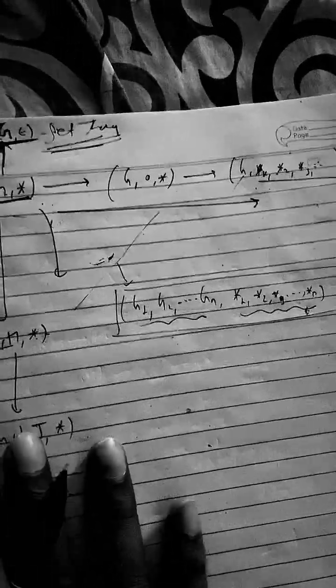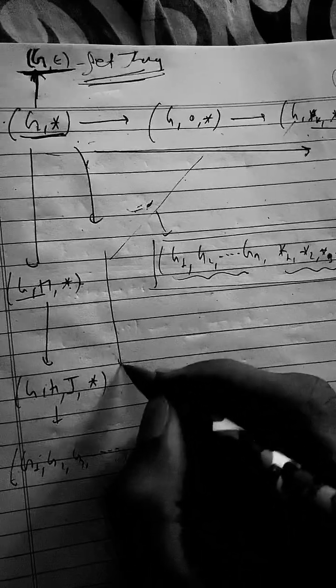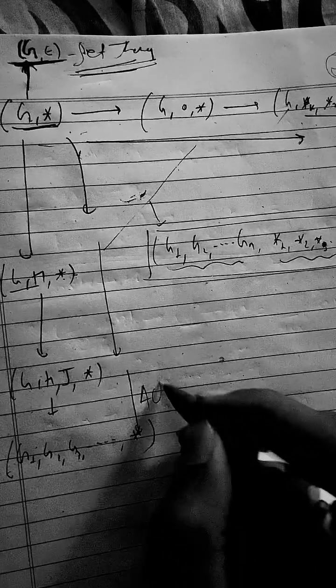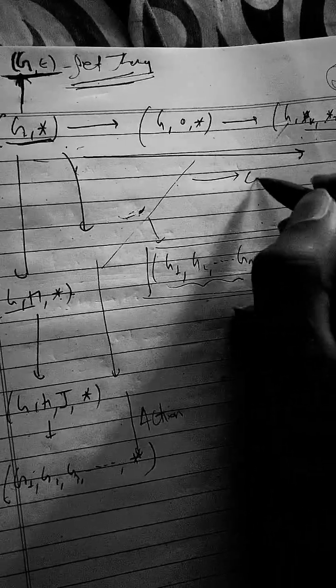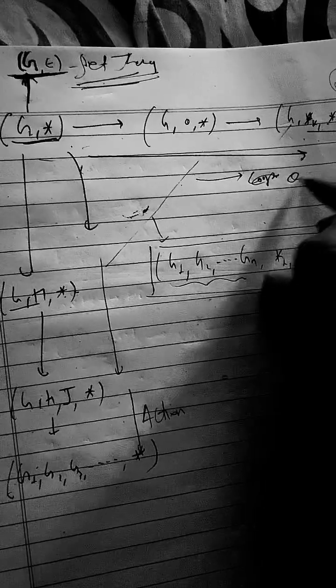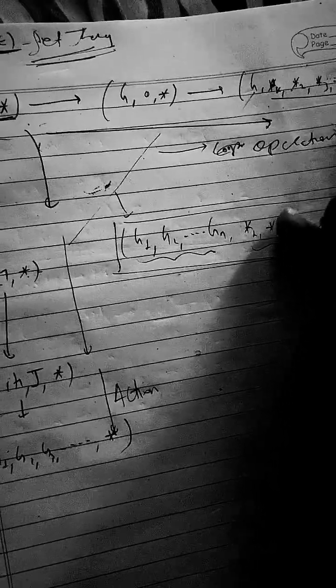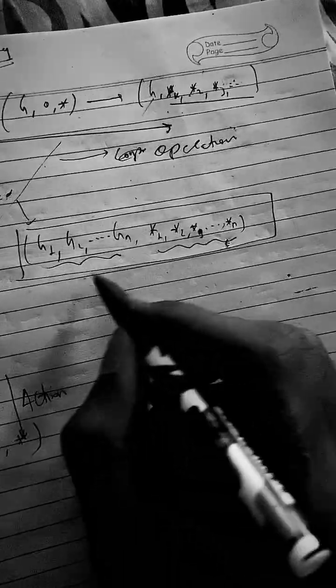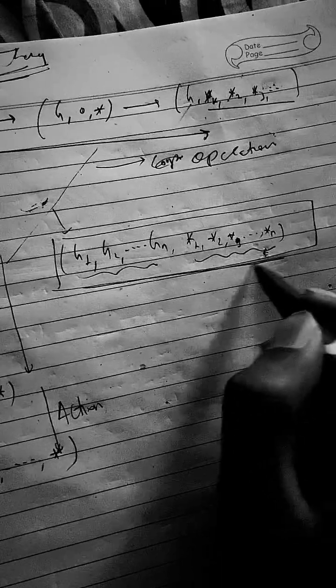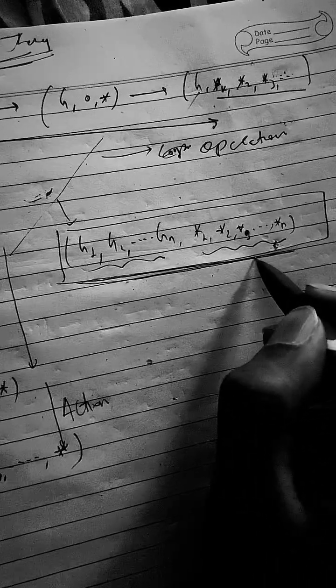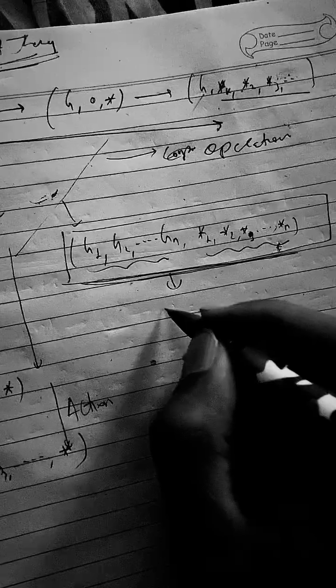So these are all different kinds of algebraic structure. In this direction it's completely different. It is action. These are the actions going on. You can say operation. These are operations going on here. In this side operation, in this side action. And here they are both.